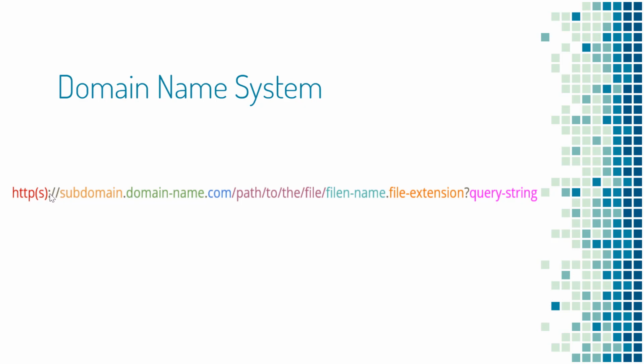Then we have this colon and slashes. This is just the standard. Then we have the subdomain, and in most cases, www is used as a subdomain, or we might have something like, let's say, my.uncc.edu.